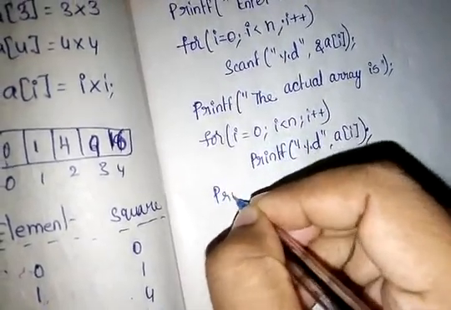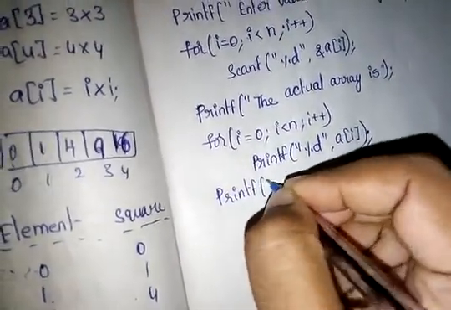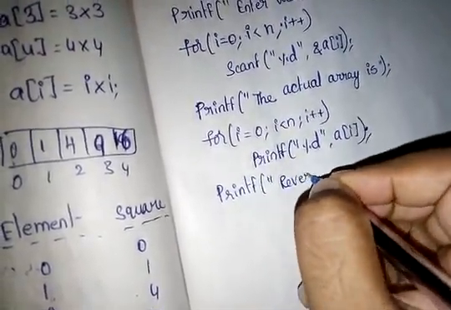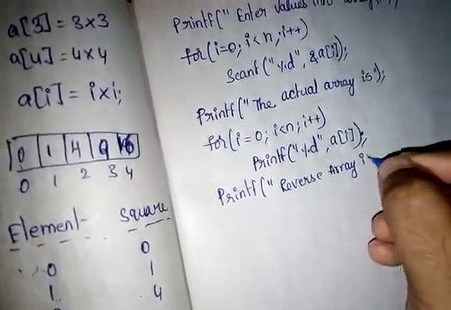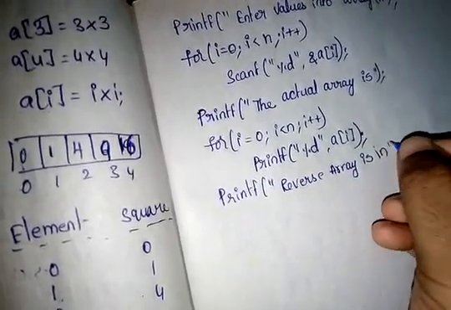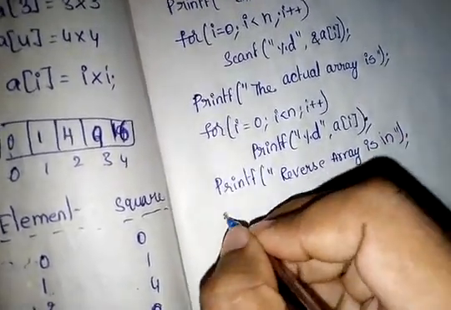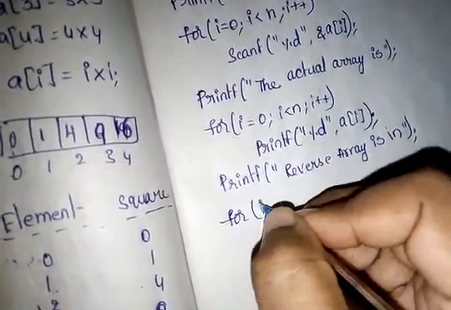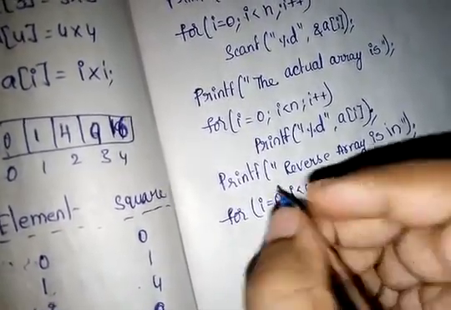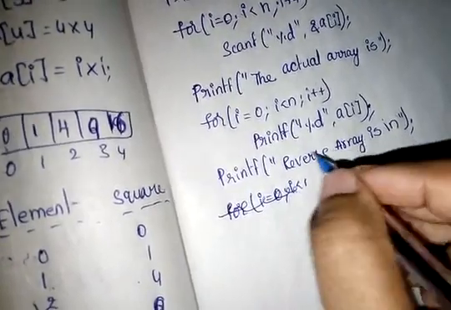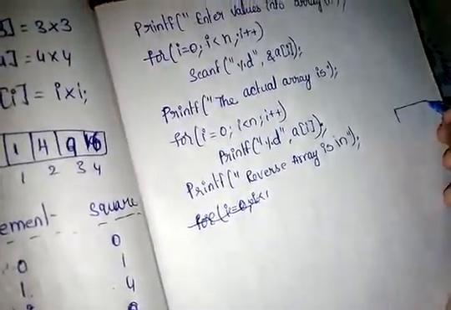Now you need to print the array in reverse order. printf reverse array is \n. So again, in order to access, you need to write a for loop. Now we need to print the array in reverse order, right?